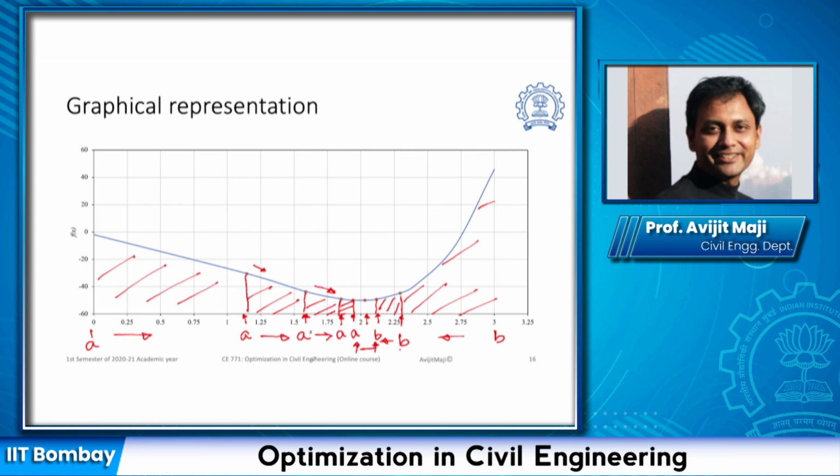So this is the graphical representation, and if you see the number of function evaluations is going to be 7. If we just count the number, 1, 2, 3, these are not in order, we are just counting, 5, 6 and 7.